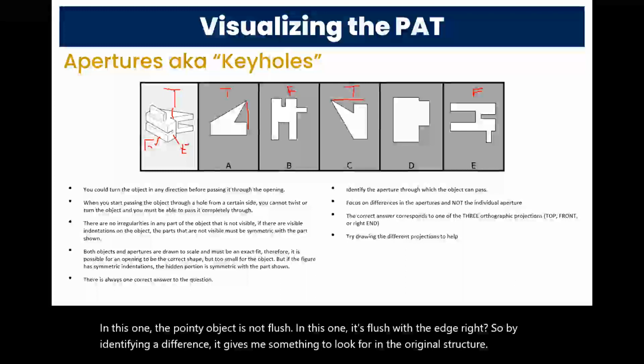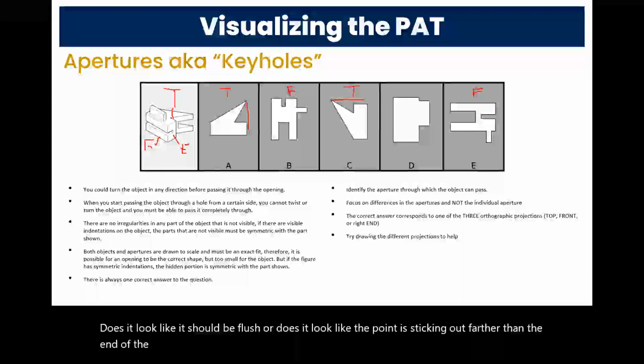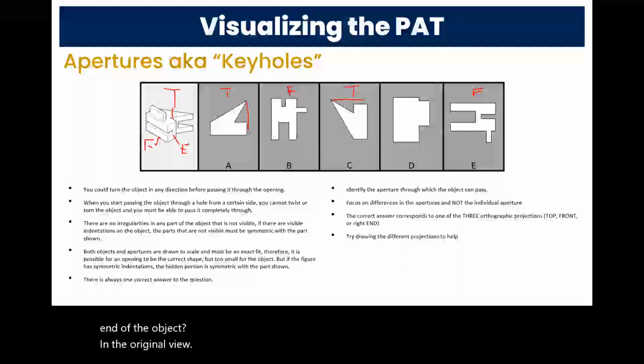Does it look like it should be flush, or does it look like the point is sticking out farther than the end of the object in the original view? I.e., which answer choice is the bad one?